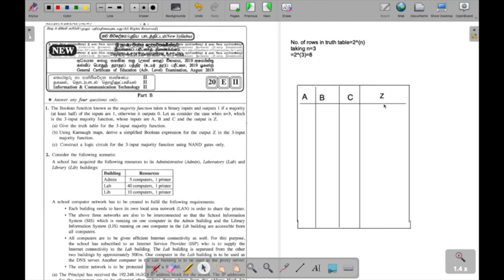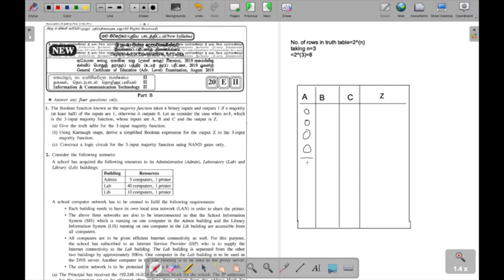Now since we have drawn the table, let's fill it in. Here you have to start with 0. You have 0 here, another 0 here, another 0 here, and another 0 here, and you draw a small line here.